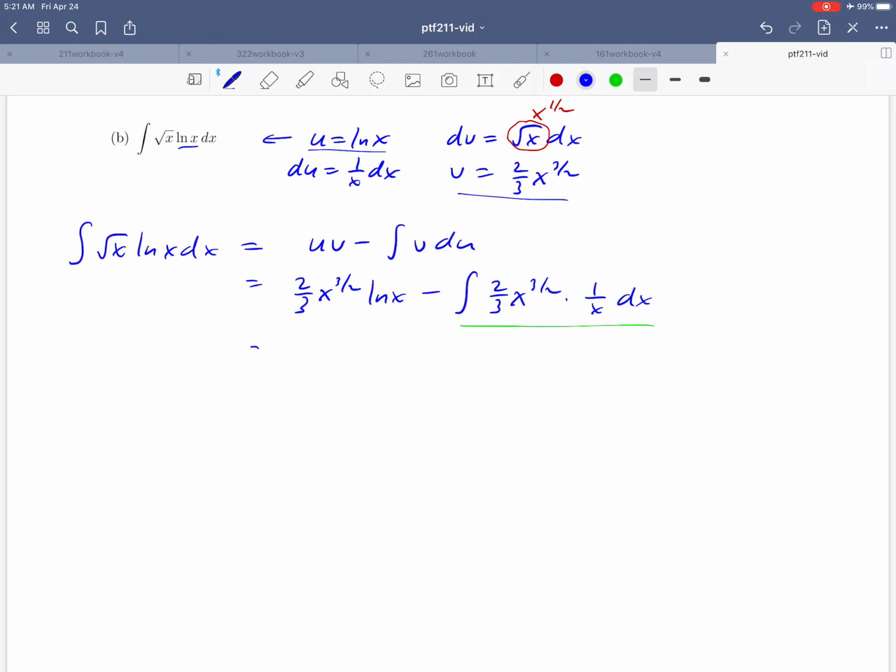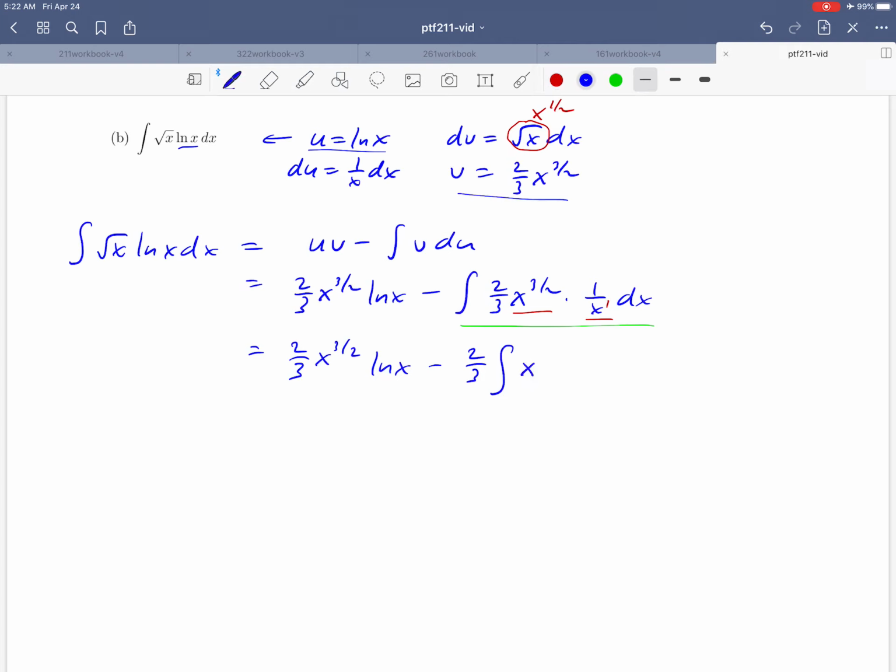It looks a little bit ugly, but it's not as bad as it looks because we can do a little simplifying there. So let's start by rewriting the first part of this. We've got a 2/3 that we can pull out of the integral. And then what's left over is an x to the 3/2 and a 1/x. If you subtract exponents there, x is really x to the 1, so x to the 3/2 minus 1 would give us x to the 1/2.